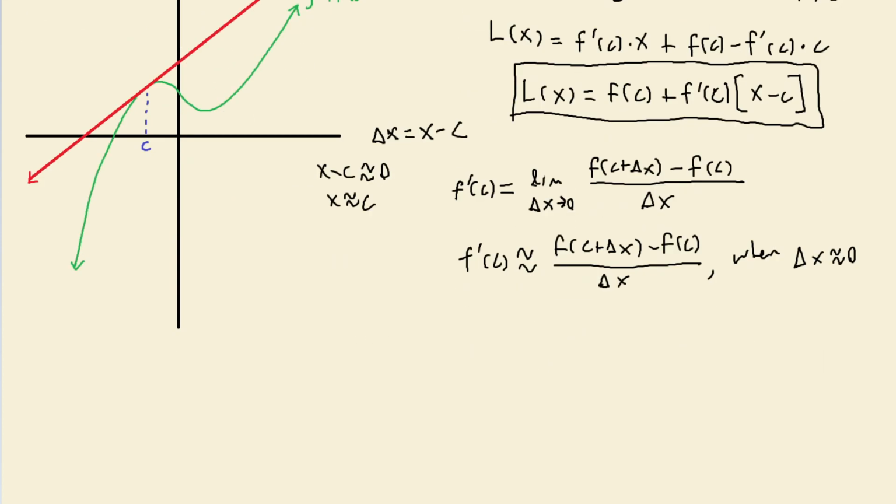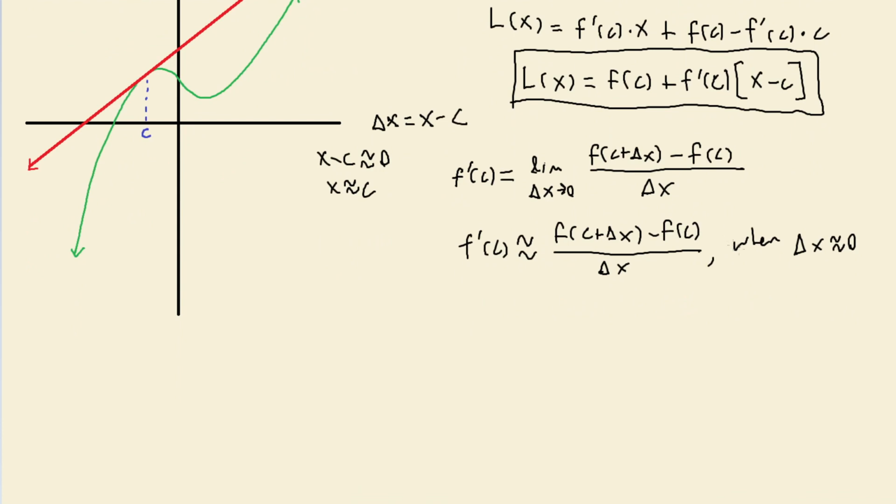And I'm going to go ahead and make this substitution everywhere in here. Instead of putting delta x, I'm going to put x minus c. And what I'm going to be left with is that f prime of c is approximately equal to f of, let's see, we would have c plus x minus c. And so those c's would cancel, and I would get f of x here.